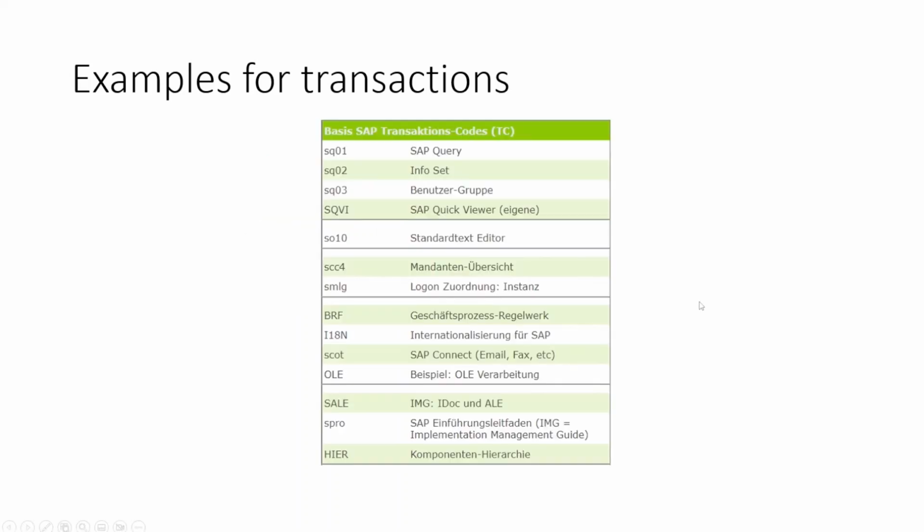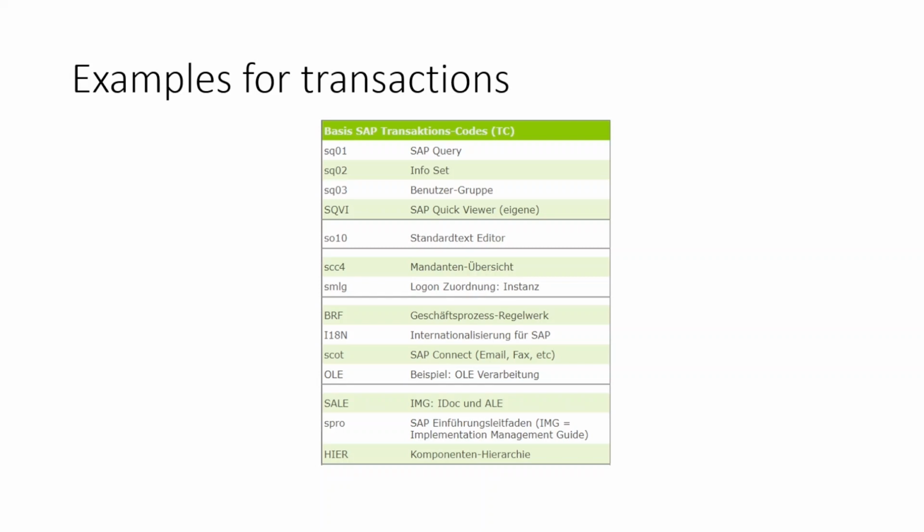Okay, let's continue. Now we are able to see on the screen some more transactions, and these are very technical transactions which I'm not going to discuss in detail or all of them. For instance, the first one is SQ01, and basically this is pretty clear.